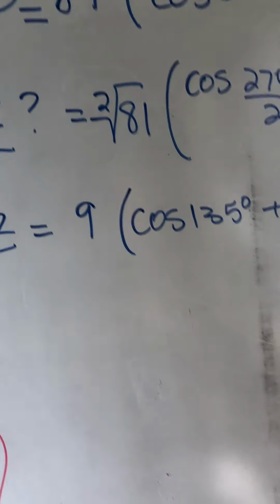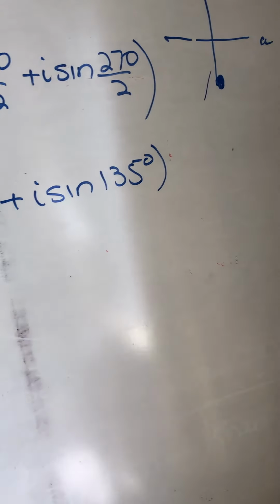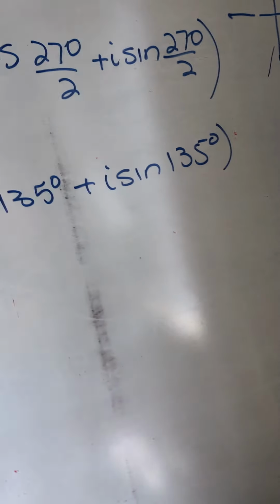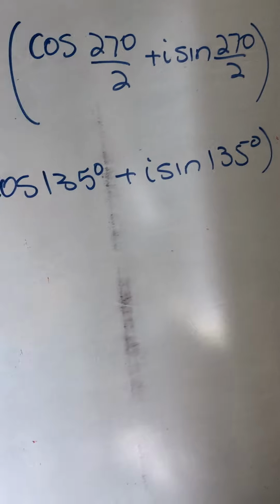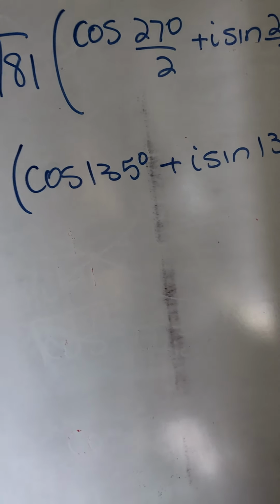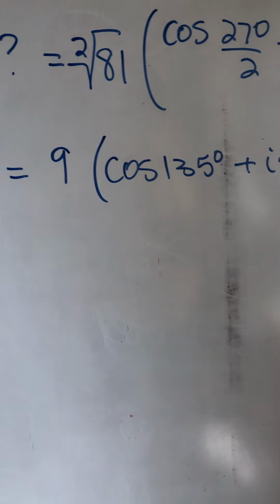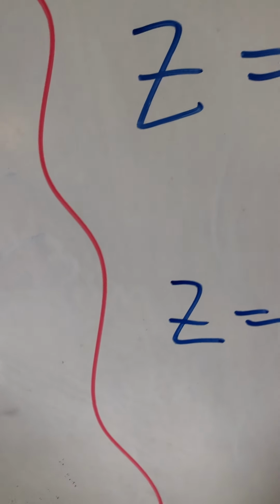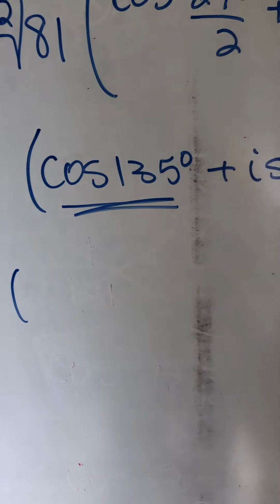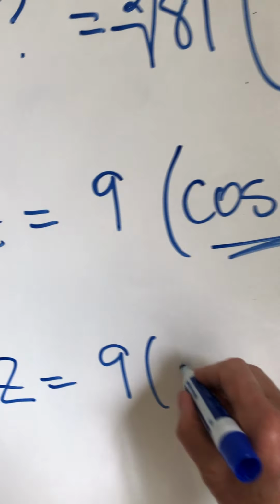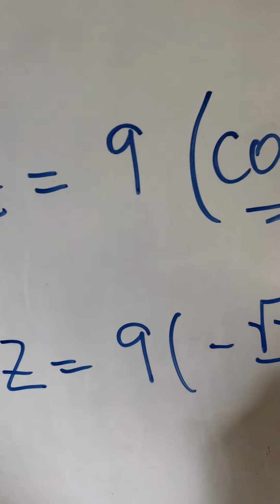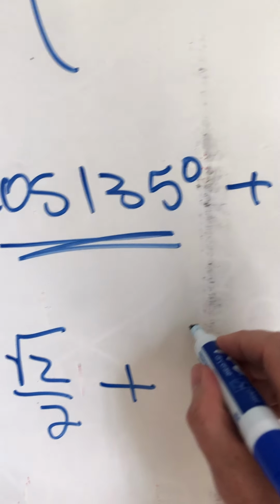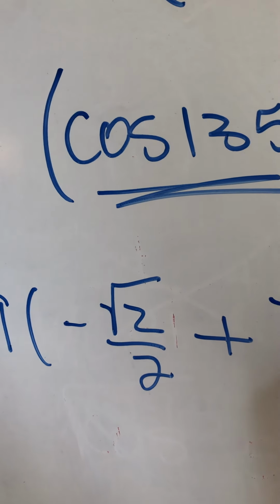So where do I get cosine of 135 and sine of 135? Well, you could throw it in your calculator, but it's going to give you a decimal, and Khan wants it exact, so that's what your unit circle is for. That's why I had you take the notes. On your unit circle, cosine of 135 is a negative square root of 2 over 2, plus sine of 135 is a square root of 2 over 2.